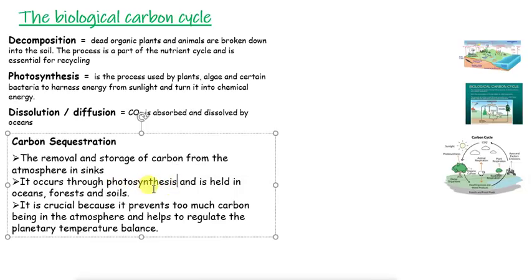Some of the sinks can be oceans, forests, soils. And if we think of this idea of negative feedback and dynamic equilibrium, it's vital, because if it wasn't for carbon sequestration and photosynthesis, the amounts of carbon dioxide in the atmosphere would just keep increasing. So this helps to keep it in balance.